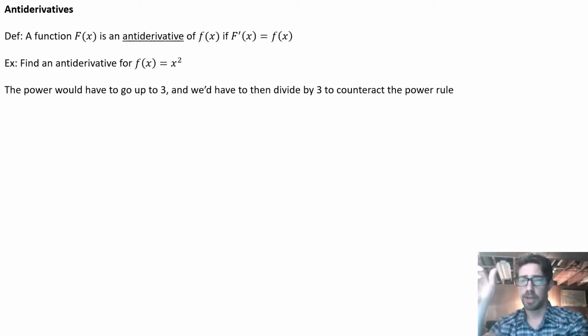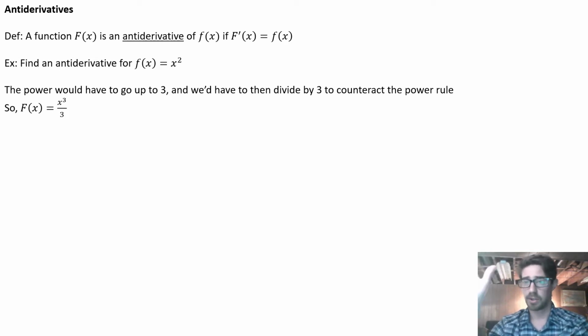All right, so in general, that's what happens. The power goes up, and then that constant that comes out is a byproduct of the regular power rule, so we then have to divide by that constant. So just convince yourself that, yeah, the derivative of that thing is x squared. So an antiderivative of x squared is x cubed over 3.